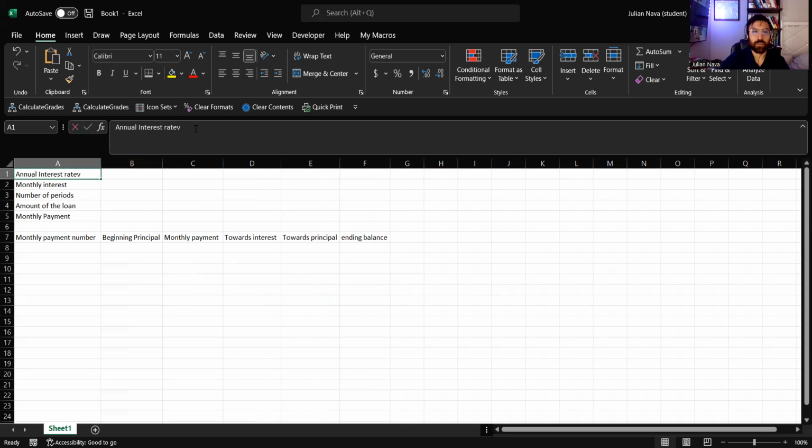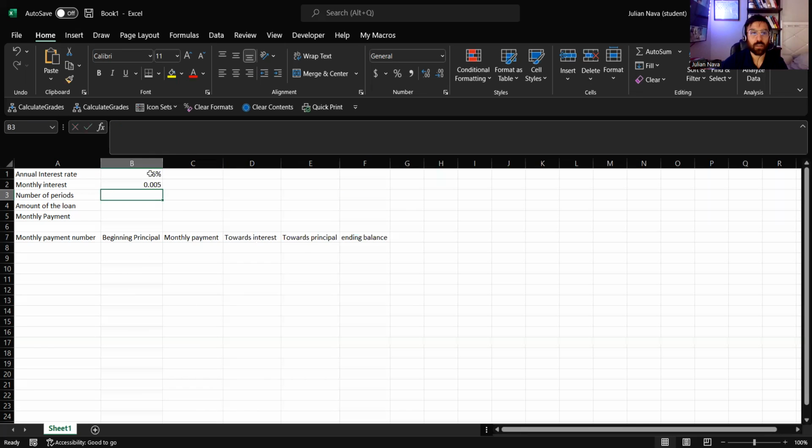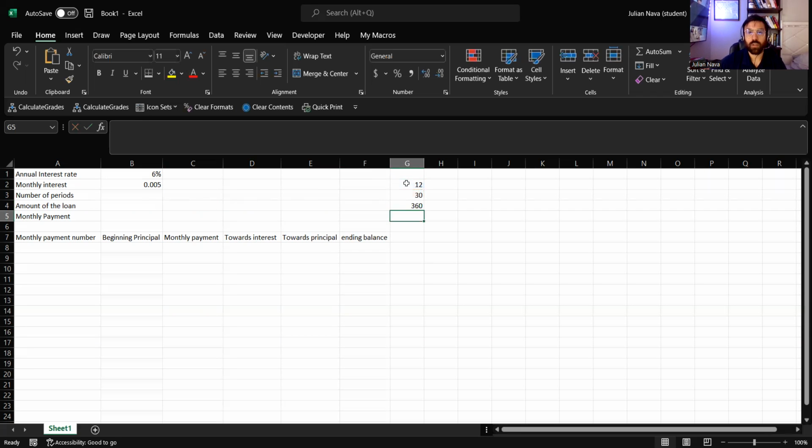So for the monthly interest rate, let's go with a 6% annual interest rate. Now for the monthly interest rate, we need to divide 6% by the total number of months in the year. And let's say we're going to get a loan that's 12 times a 30-year loan, 360 months.